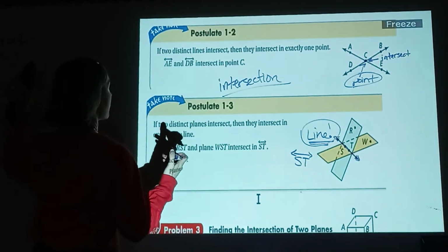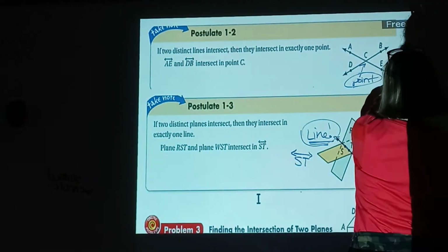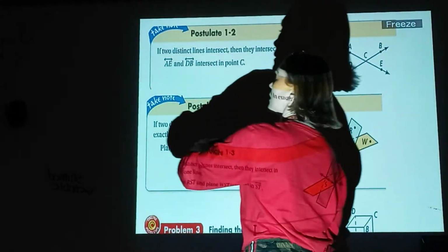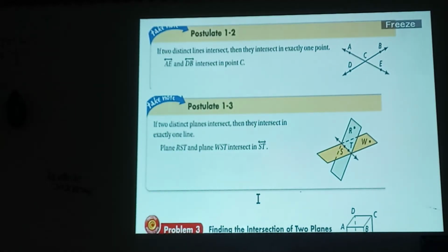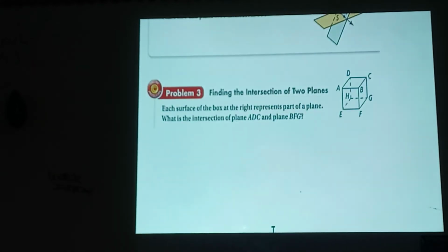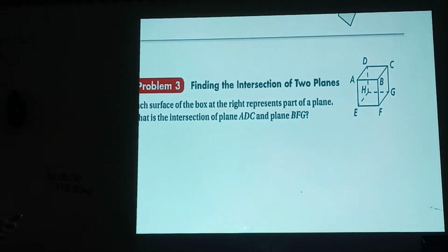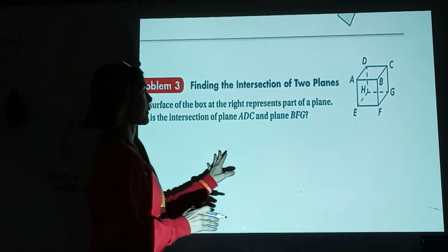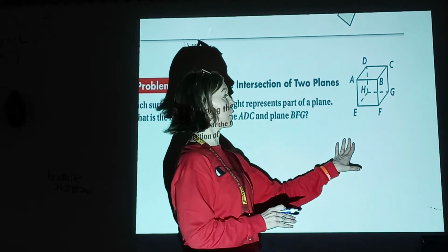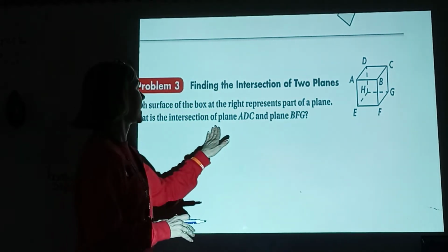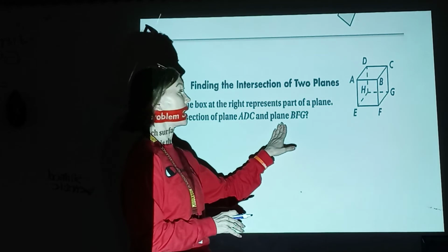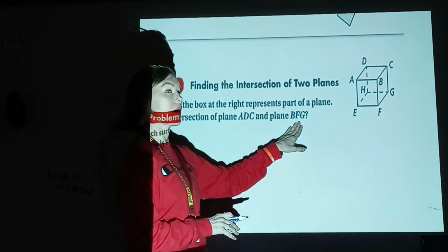Moving on. Just a little more vocabulary, and we're going to have a little bit of practice. Just a quick example. Looking here, you don't have to draw this, but just look up here for a second. It says, what is the intersection of plane ADC and plane BFG?